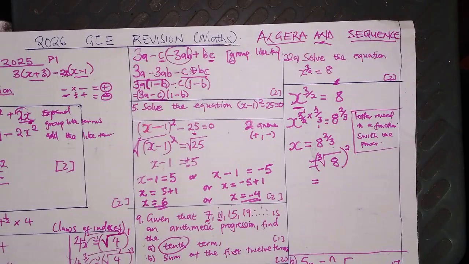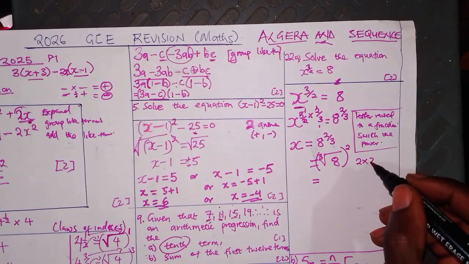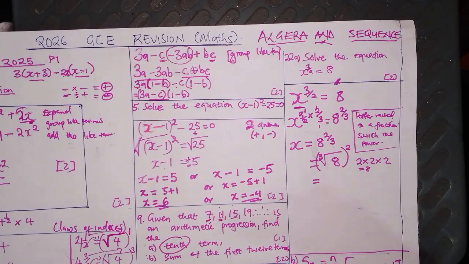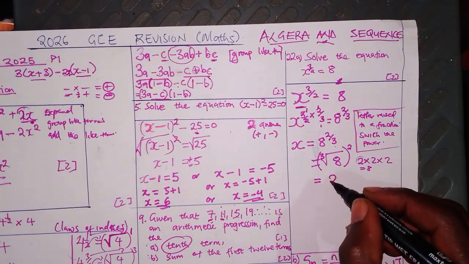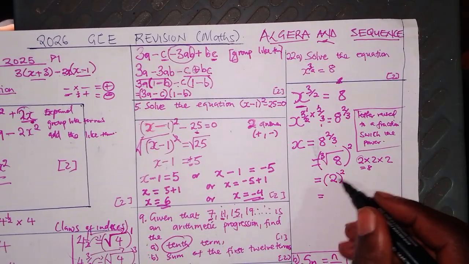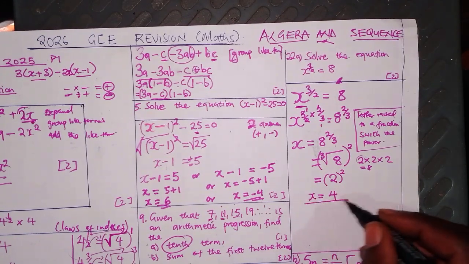In short, which number can we multiply by itself 3 times to get 8? Of course, it's 2 times 2 times 2, which gives us 8. So the number which we can multiply is 2. So we say here 2 to the power what? 2. Then 2 to the power 2 is what? 4. And your x is 4.